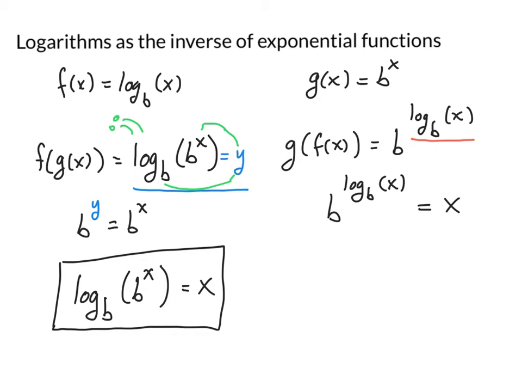And that gives me my second property here. So when we talk about logarithms as the inverse of exponential functions, we get these two properties that are in the boxes. What I'm going to do is clean this up as I usually do, and we'll come back and see some specific examples.